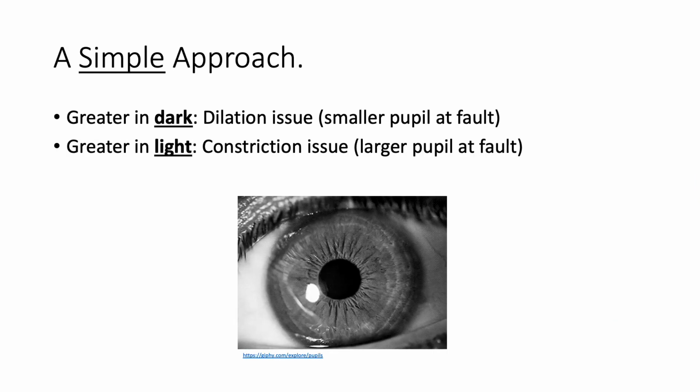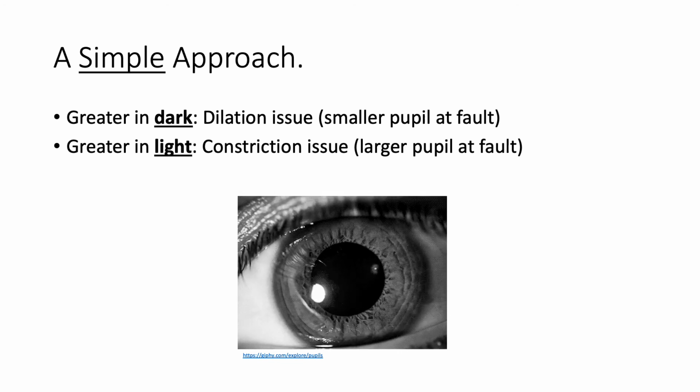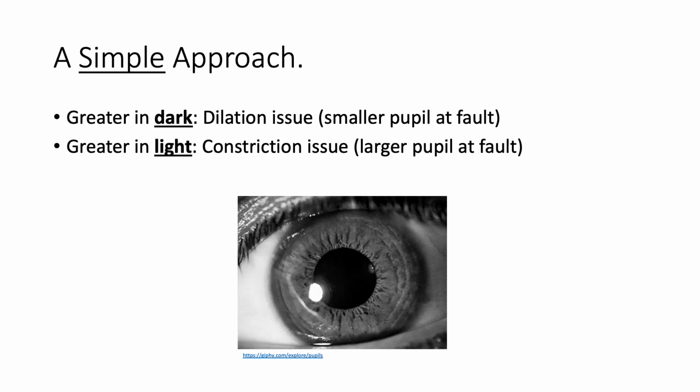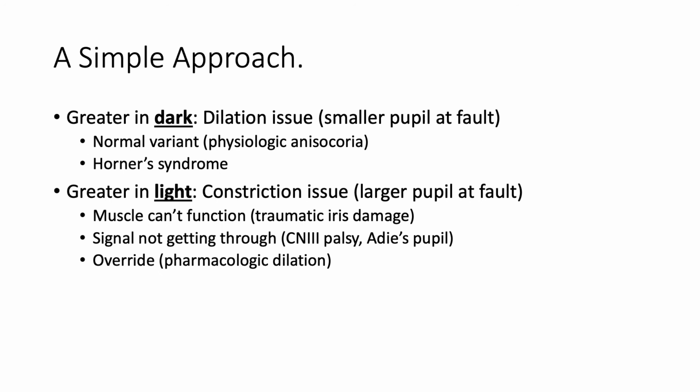So a simple approach in clinic or on exams is that if the anisocoria is greater in the dark, the smaller pupil is at fault because it's a dilation issue with the sympathetic fibers. If it's greater in the light, it's a constriction issue. The larger pupil is at fault, which is an issue with the parasympathetic system.